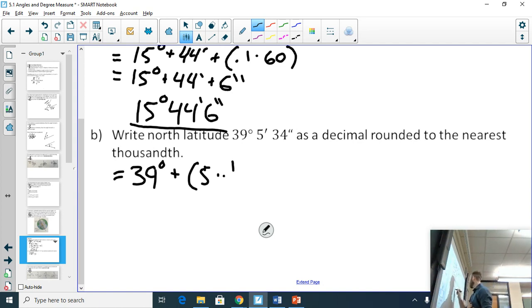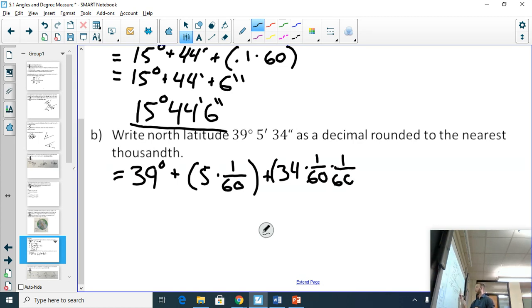So we should multiply it by 1/60th. And then now we also have to do that for seconds, right? But now seconds, if we times it by 1/60th, that gets us to minutes. And then for minutes, we would need to times by 1/60th again in order to get to degrees, right?